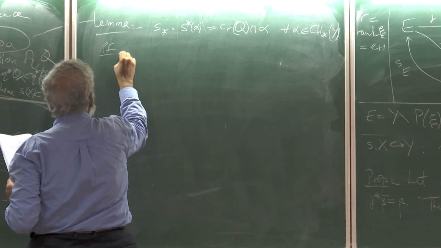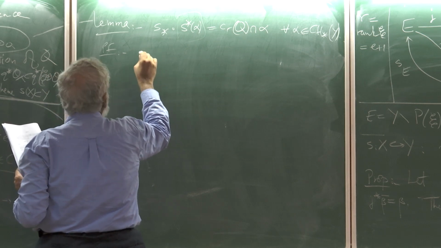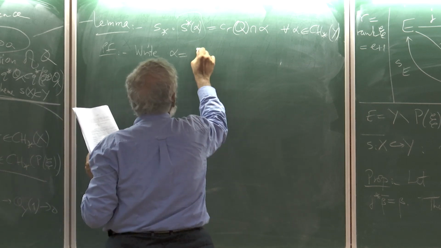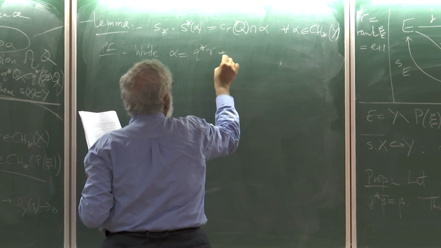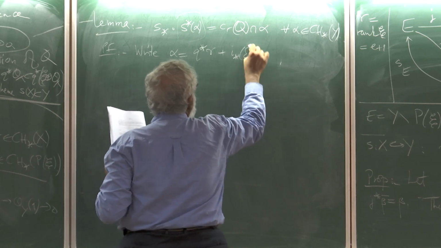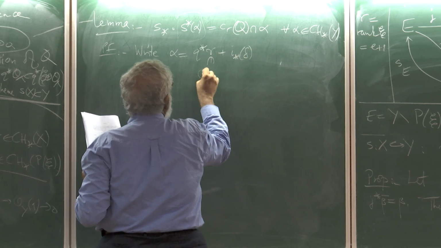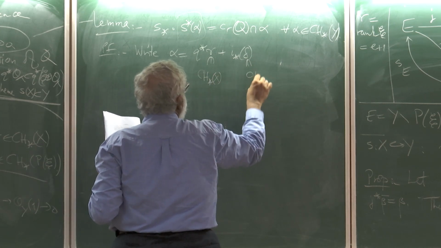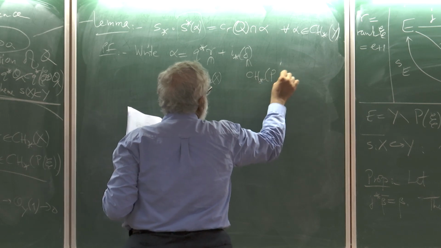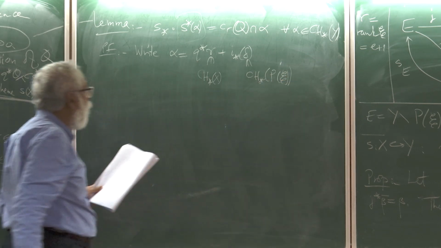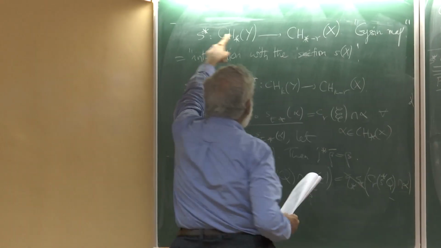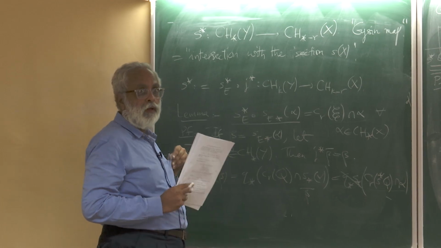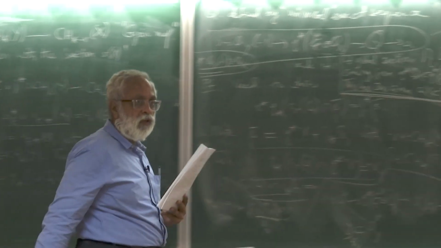Proof. Write alpha equals Q upper star gamma plus I lower star delta, with gamma in Chow star X and delta in Chow star P. S upper star decreases the dimension. S is the zero section.